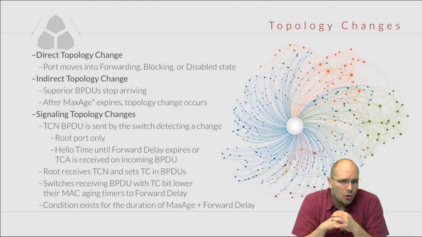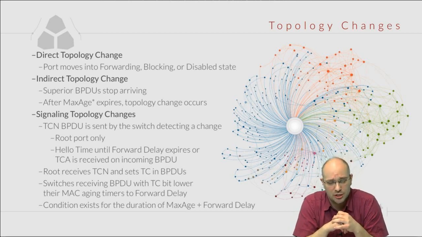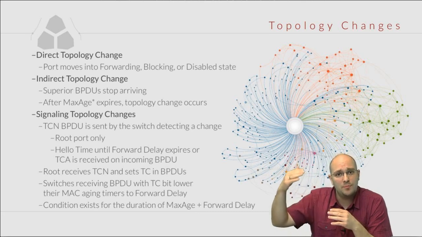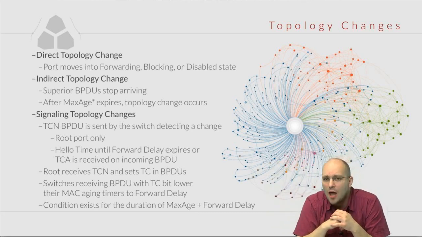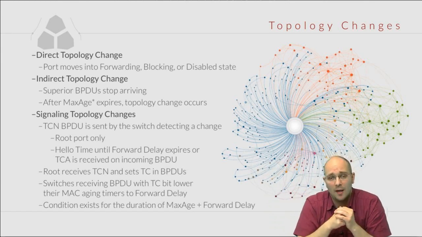Now, this topology change notification BPDU that was originally generated by the switch that actually experienced the topology change is going to flow upstream towards the root. Once it reaches the root, the root is going to stop regenerating this BPDU. It's not going to be sending it downstream from itself, away from the switch that experienced the topology change.